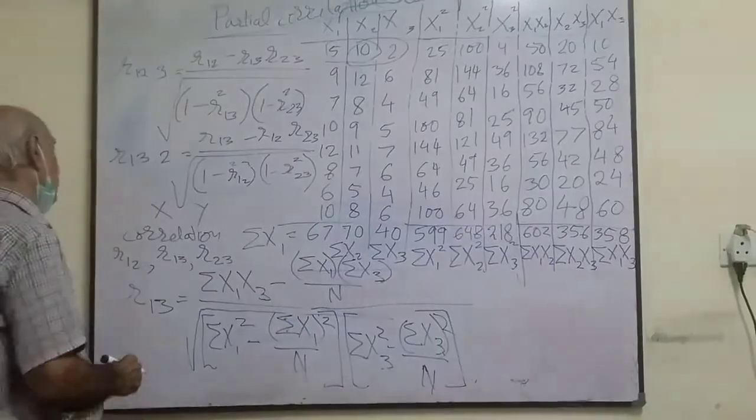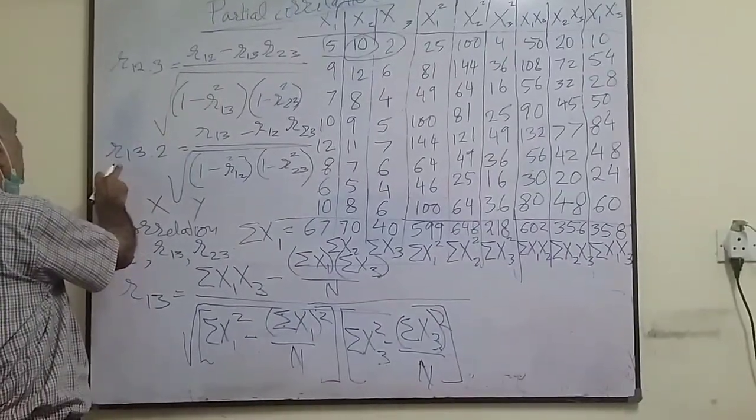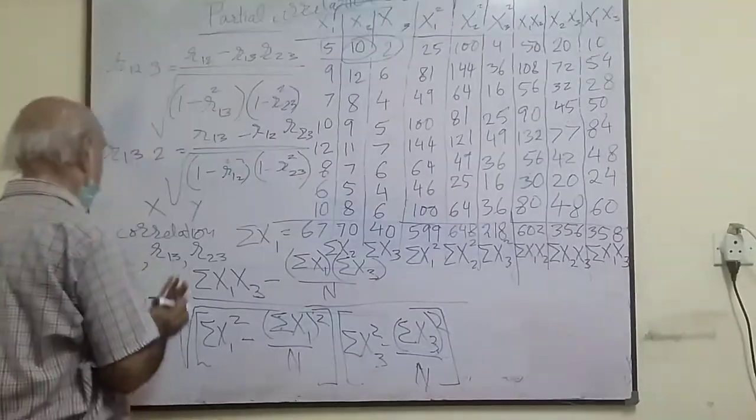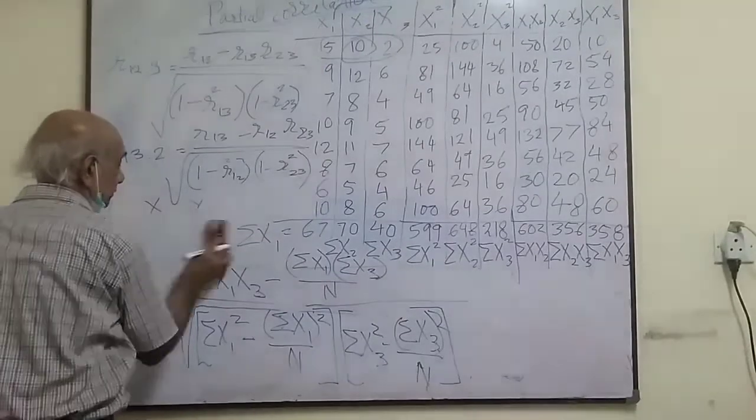Similarly, there will be a formula for R23 given 1. So start calculating.